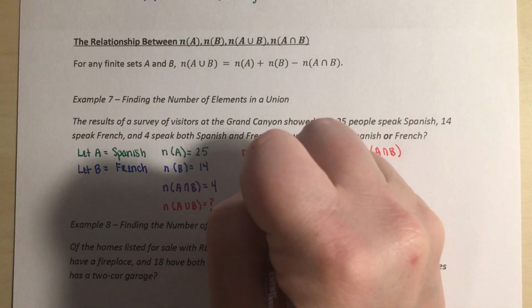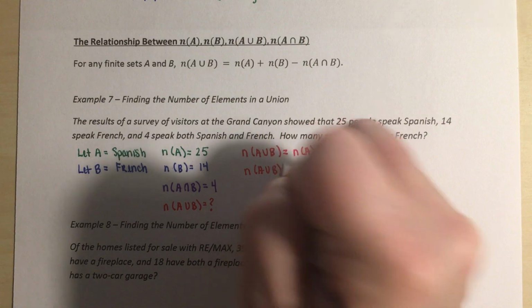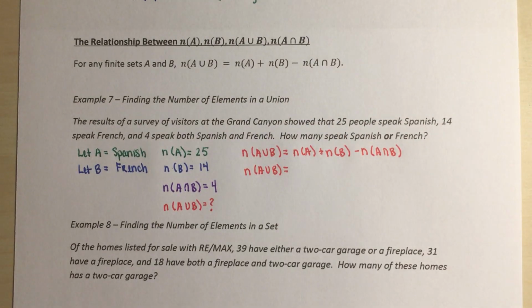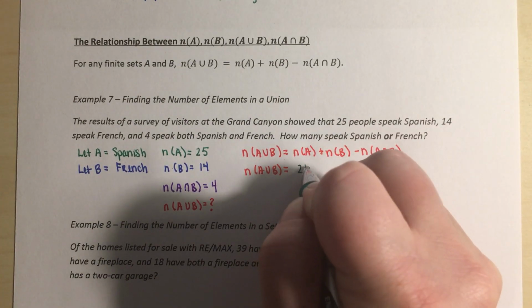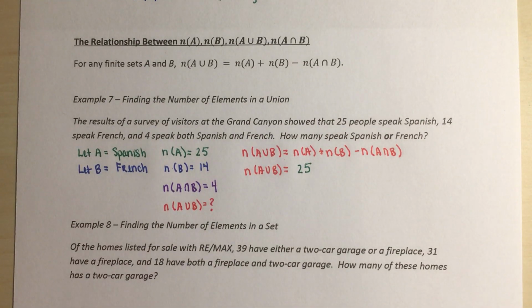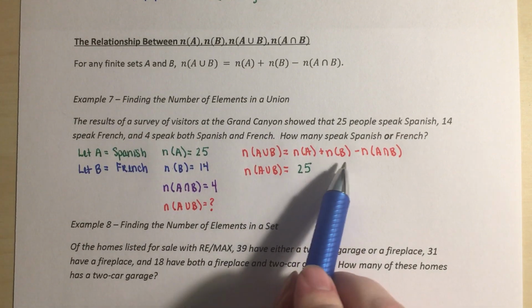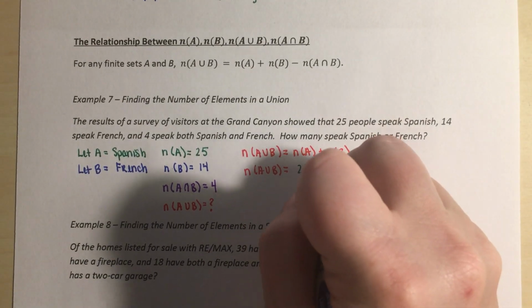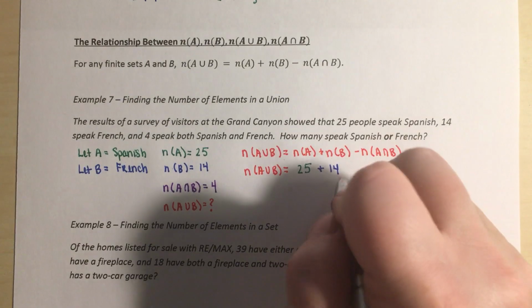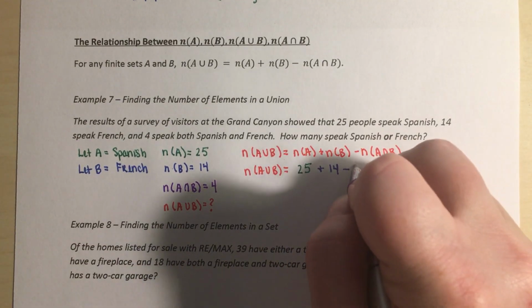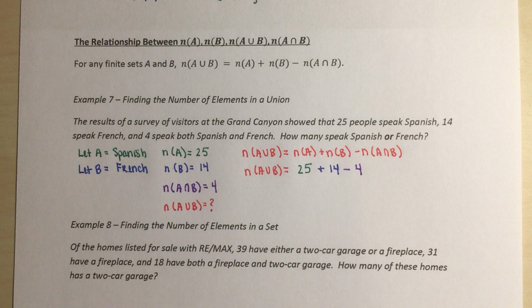All right, so this is what we're looking for: the number of elements in A union B, the number of people that speak Spanish or French. The number of people that speak Spanish, n(A), is 25. Then plus n(B), the number of people that speak French, which is 14, minus n(A intersect B), the number of people that speak both, so minus 4.